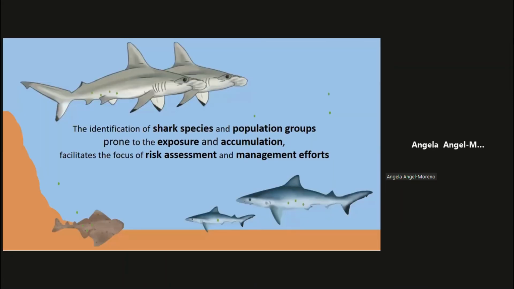Therefore, due to the potential toxicity of organochlorine pesticides to sharks and humans, the identification of species and population groups of sharks prone to the exposure and accumulation of pollutants facilitates the focus of risk assessment and management efforts.